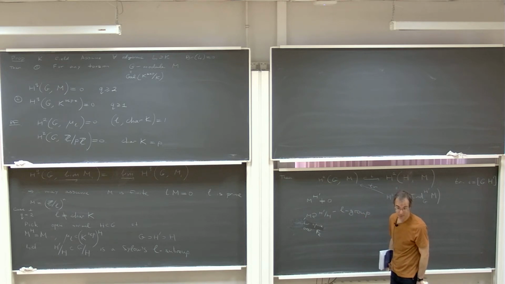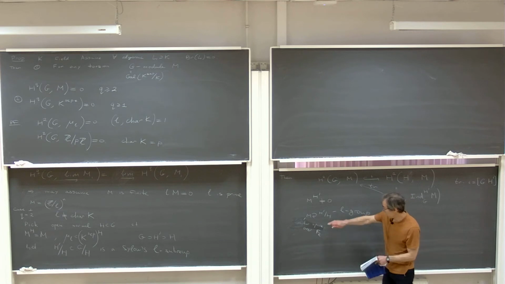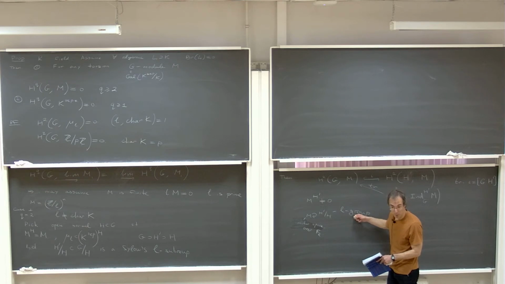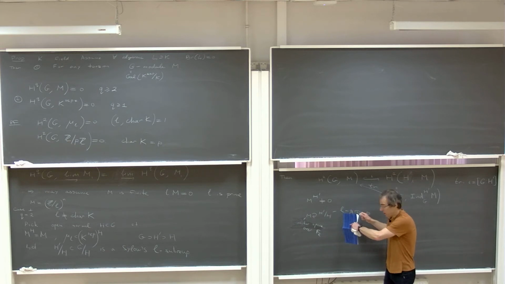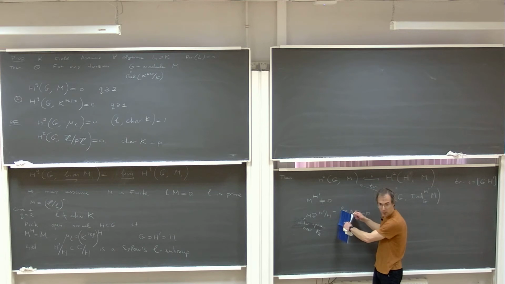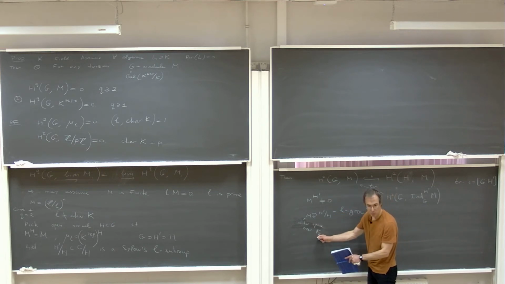Why is that? You prove it by induction. Any L group has a non-trivial center, so you can pick a normal subgroup which is isomorphic to Z mod LZ. Using induction, it suffices to show that if you have a representation of the group Z mod LZ on a vector space over F_L, then it has a non-zero invariant vector, right?